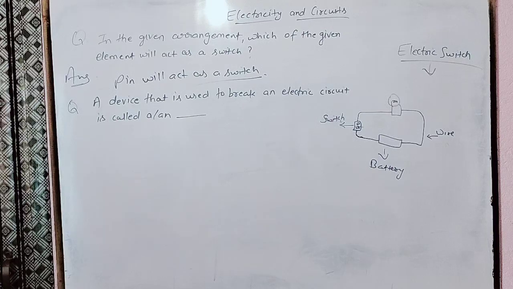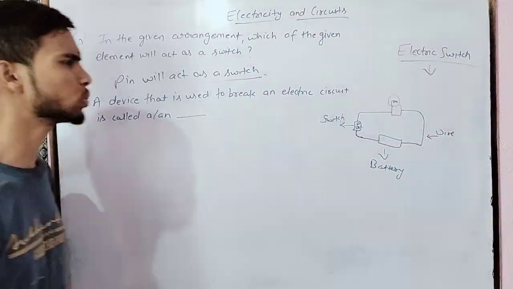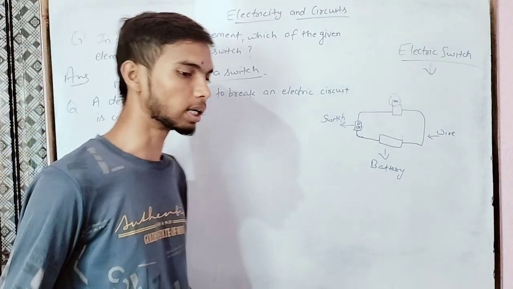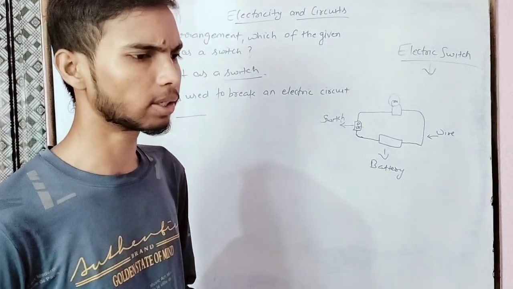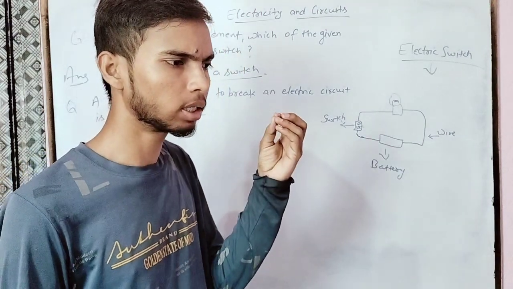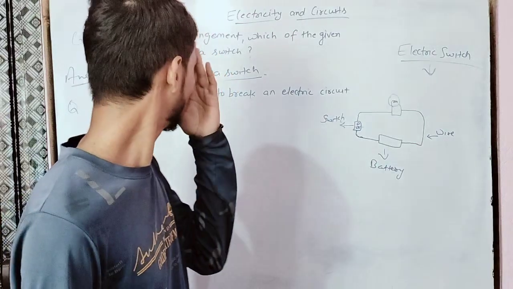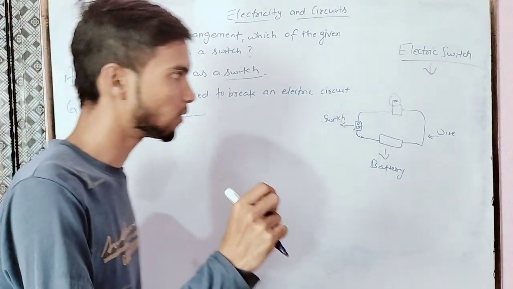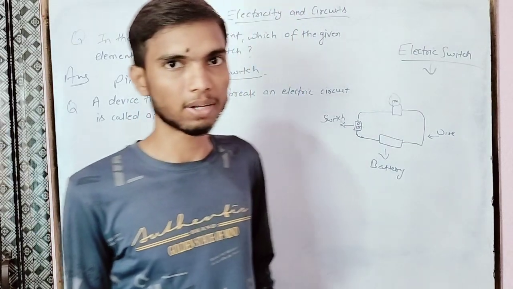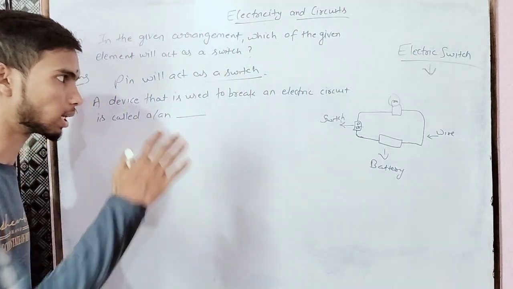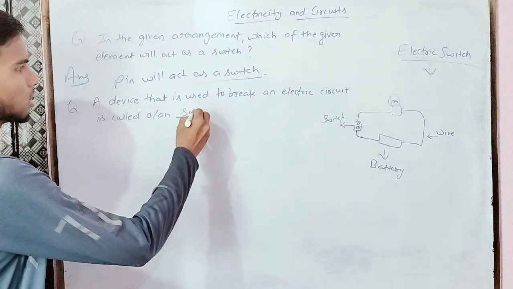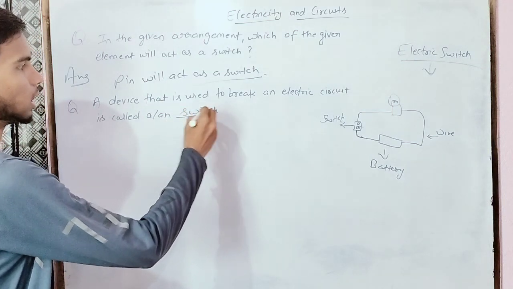What is it saying? You read this question: a device that is used to break an electric circuit is called. So to break an electric circuit, we can remove a wire. But here a device is used, so we will not use a wire as a device to break an electric circuit. Okay, so we will use what? We will use a switch, an electric switch.